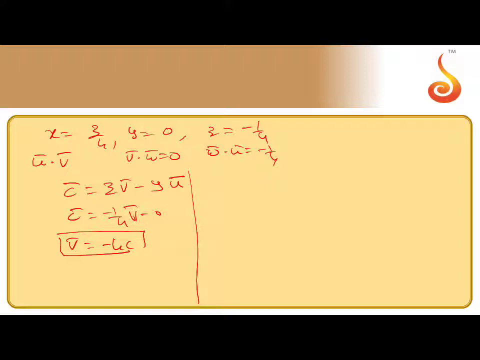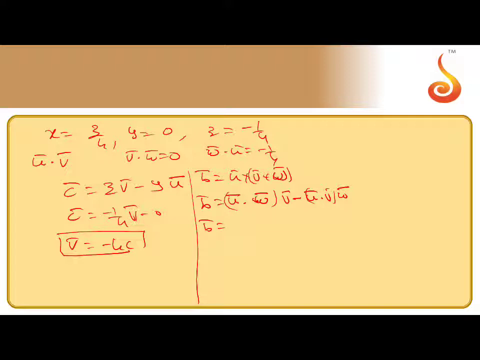Now you want u bar and w bar. So they are given further, b bar equal to u bar cross v bar cross w bar is given. So using product of 4 vectors, u bar dot w bar into v bar minus u dot v into w bar.